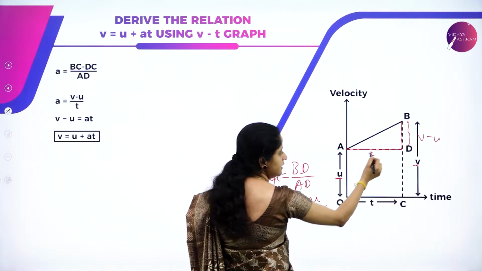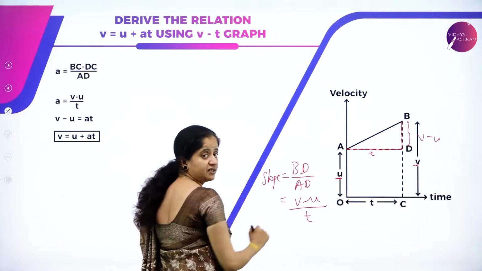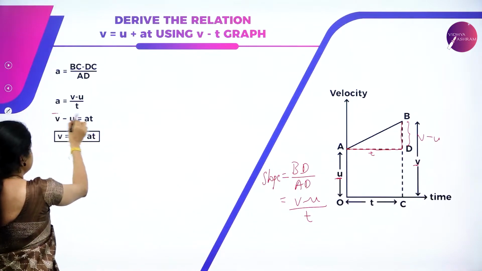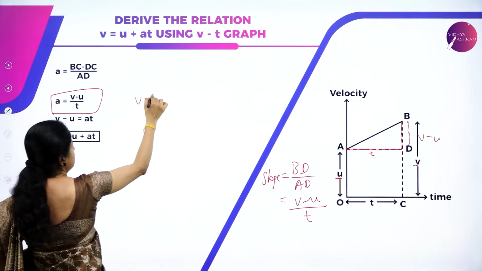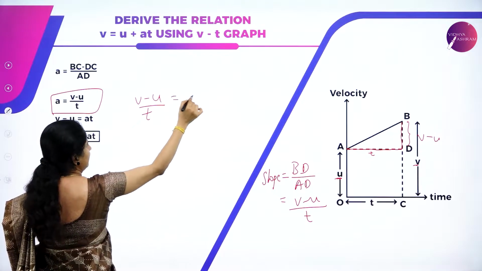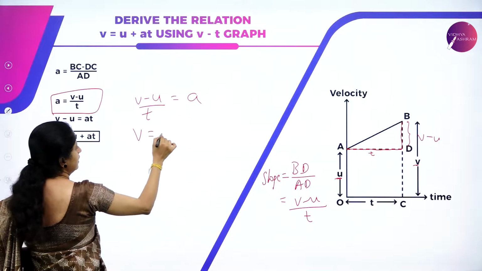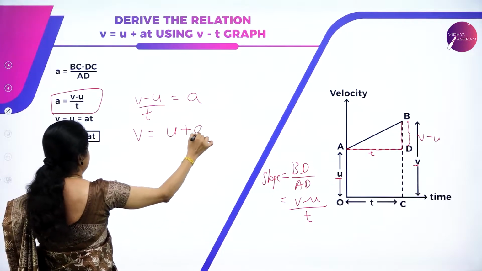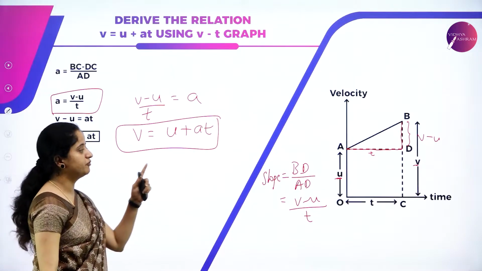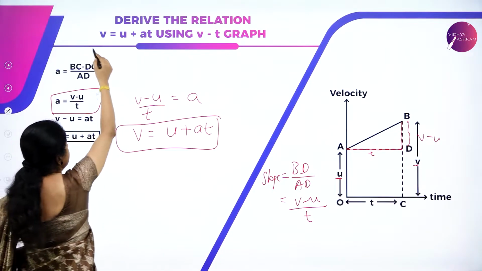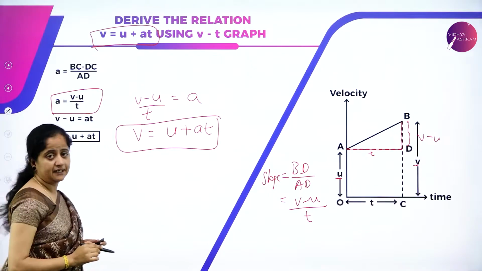So even this is T. So we have V minus U divided by T and that is acceleration. So from this we can write V minus U by T is equal to acceleration. So V is equal to U plus AT. So this is the expression for velocity. With the help of the VT graph, we have derived V is equal to U plus AT.